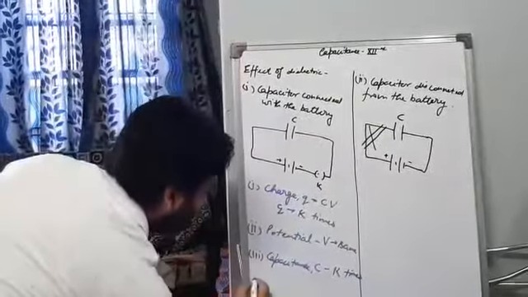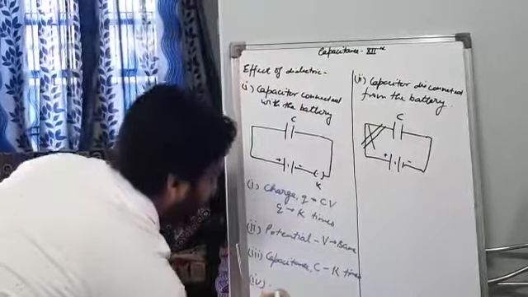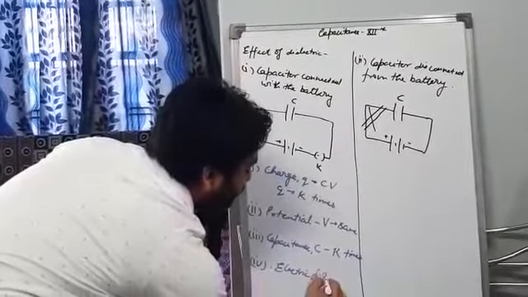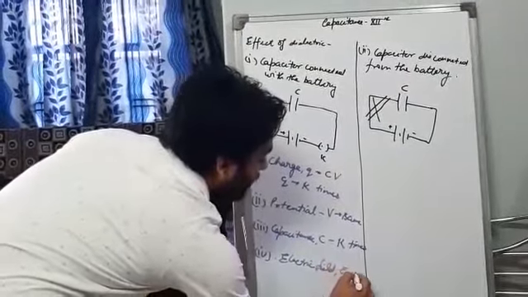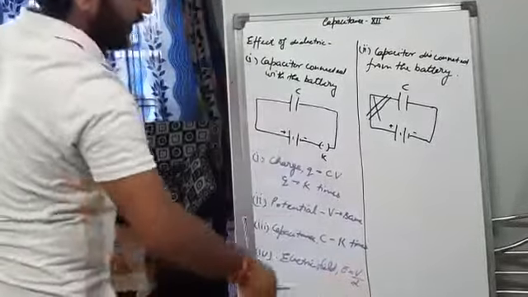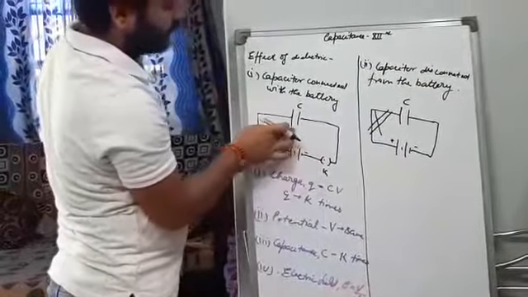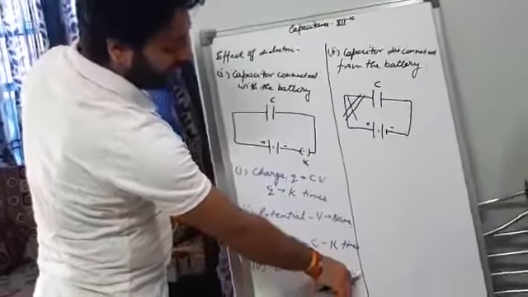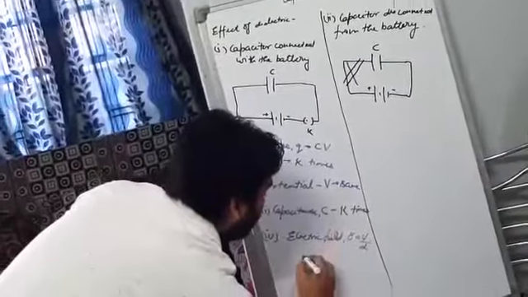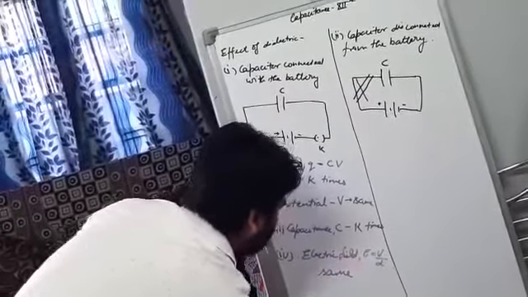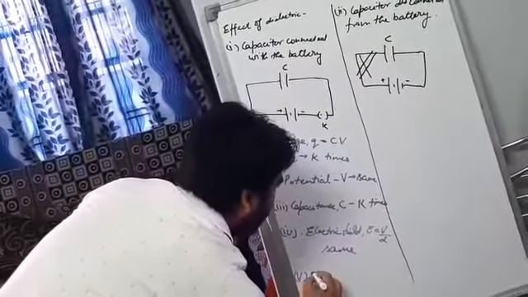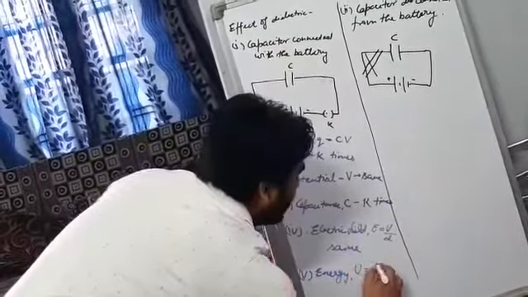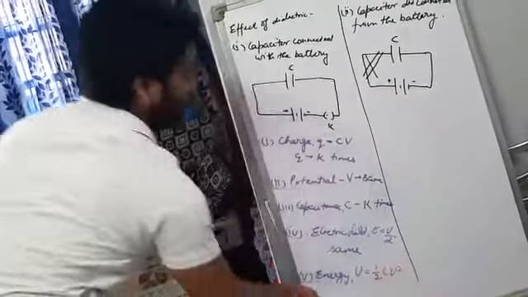Now I am going to find the fourth one, that is electric field. You know the formula of electric field, E equals V by d. The separation d between the plates is the same, V is the same, so obviously the electric field will also be the same. Now the fifth quantity is energy. You know the energy formula, 1/2 CV squared, the energy stored in the capacitor.